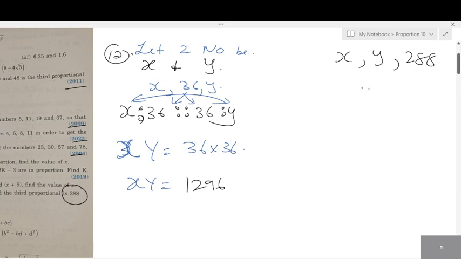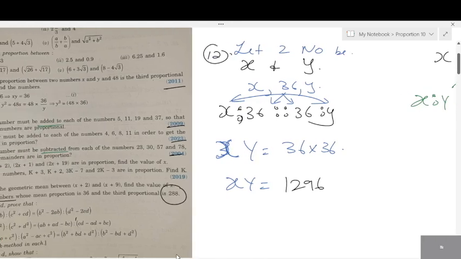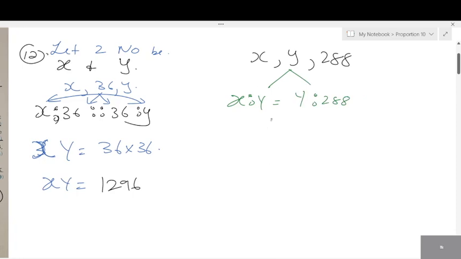Again, for proportion we need four numbers. So which number do I have to write twice? Which is the middle value here? y is the middle value. x is to y is equal to y is to 288.